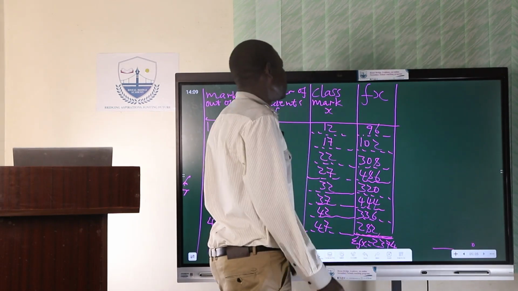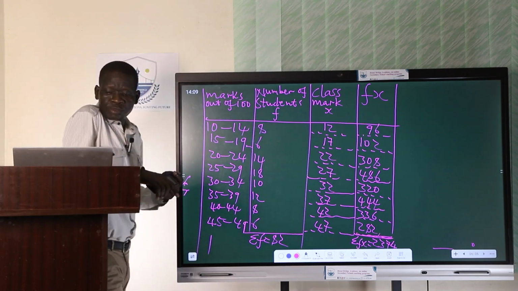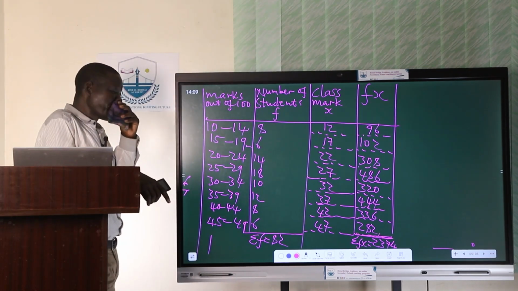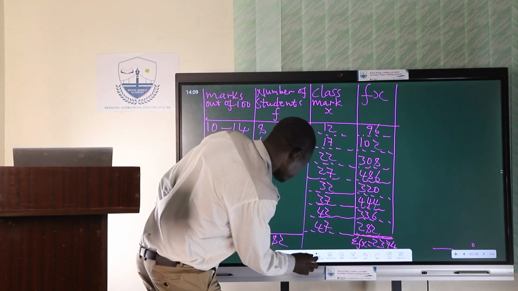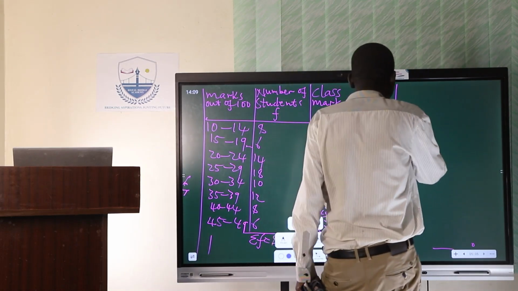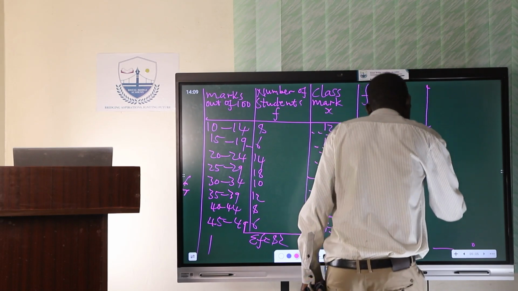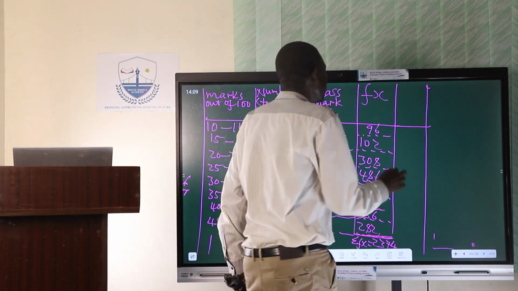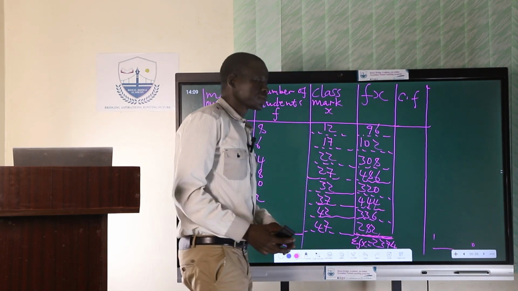Okay. To obtain the cumulative distribution table, we shall just add a column to this one. So this is the column for cumulative frequency.